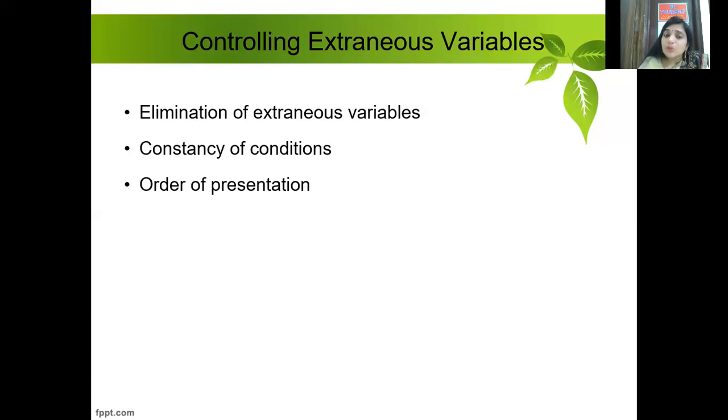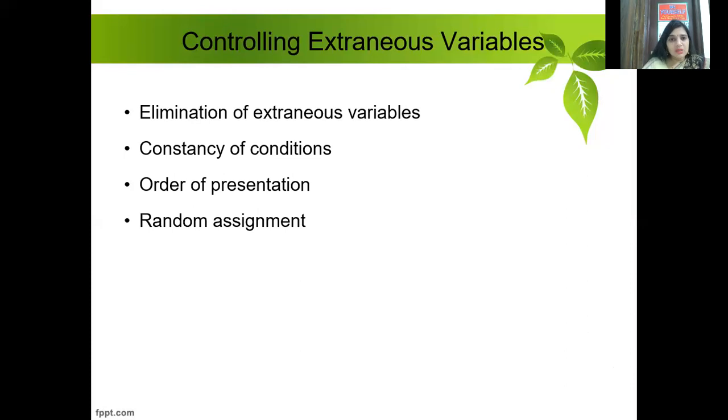If you have done more promotion this year, there might be a chance that you will be getting more sales volume than when you did less promotion. Advertisement expenditure might be the same for both years. So it is also important how you are presenting the things, in which order you are presenting them.